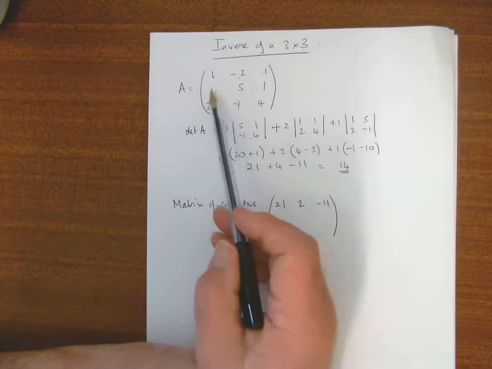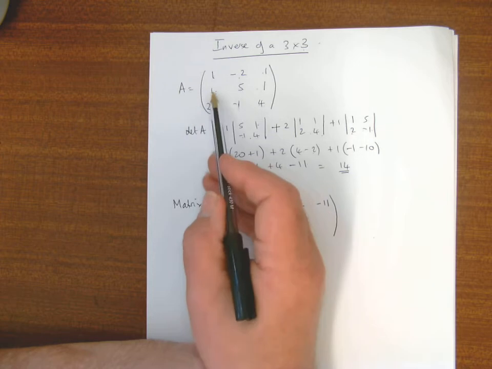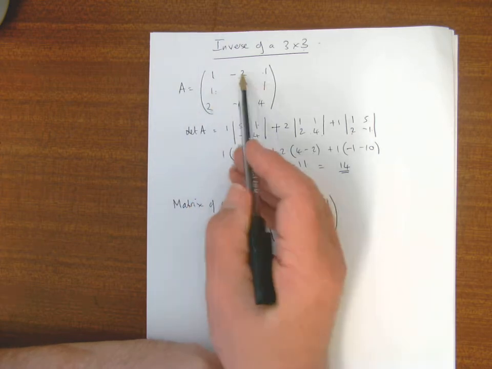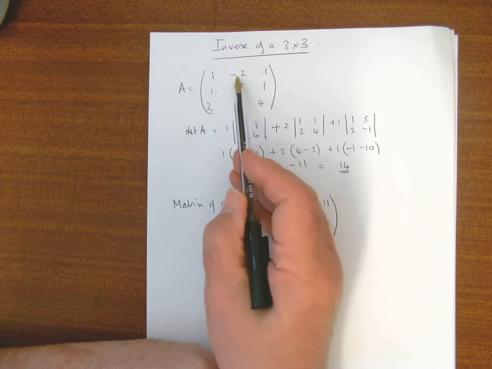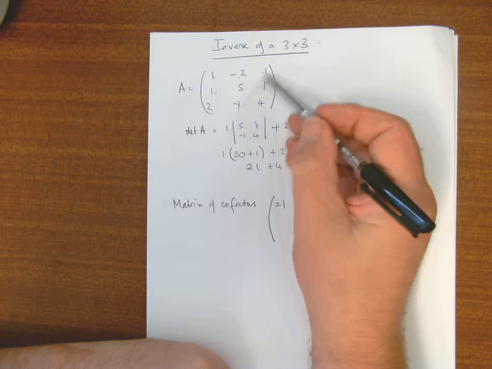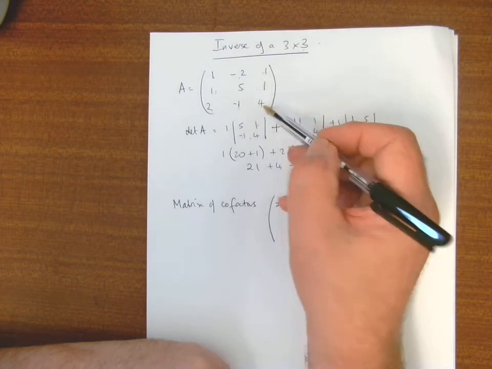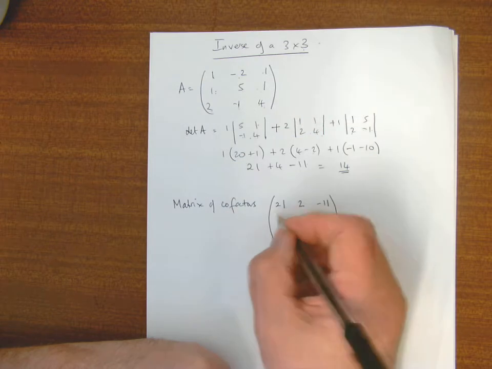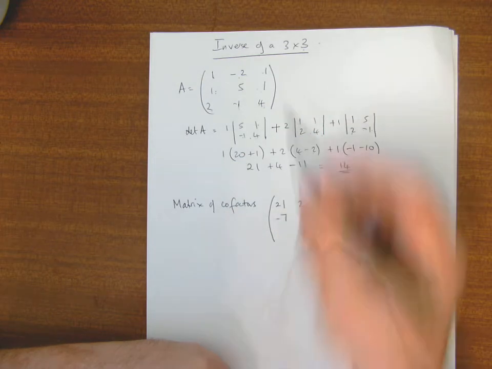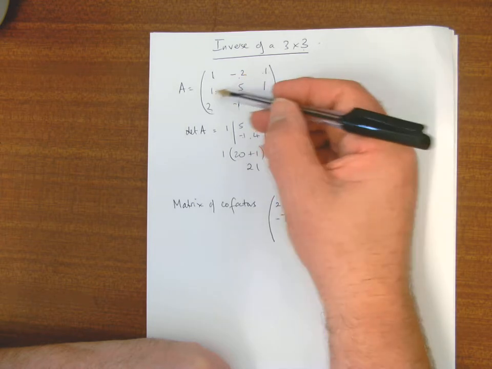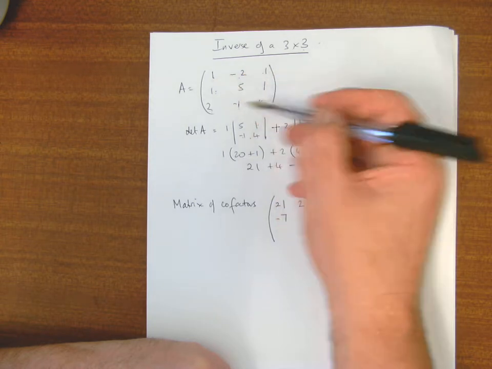Now I need to do the same for the second row. This one here takes out those entries and those entries, so I'm left with those 4. So it's minus 2 times 4, that's minus 8. Take away minus 1 times 1, so that's minus 8, add 1 is minus 7. The middle entry blocks that row out, that column out, so I've got the 4 corners.